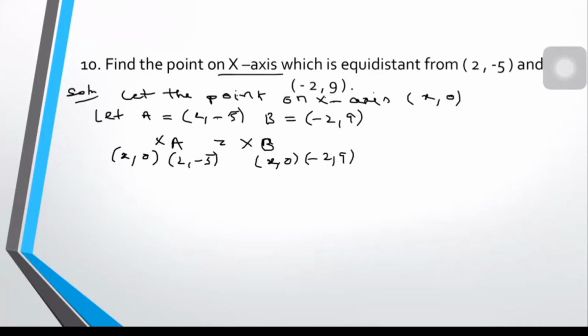We know the distance formula. The distance between 2 points (x1, y1) and (x2, y2) is equal to root of (x2 minus x1) whole square plus (y2 minus y1) whole square. So now apply the distance formula.